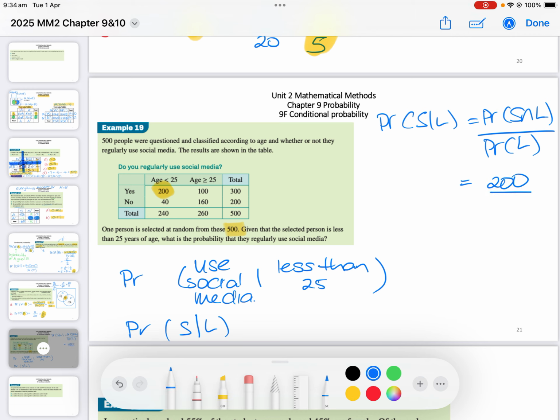And the probability that they're less than 25 on their own is 240. You can leave it like that, or you can say it's 20 over 24, which is 10 over 12, which is 5 over 6. Any form, any fraction is fine.